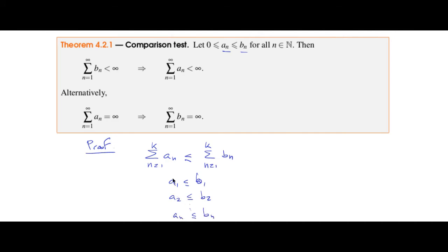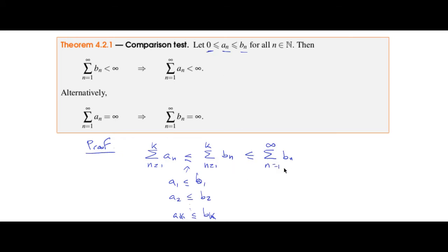Well, if you sum all of these parts of the inequality, the result is still an inequality. Okay, well, now this is by definition smaller than the sum from n equals 1 to infinity of B sub n, because every term in B sub n is positive. Okay, so if you sum more terms, this will be greater.